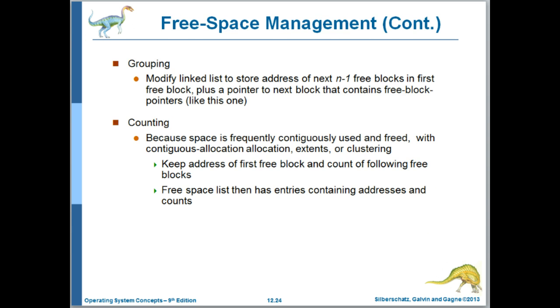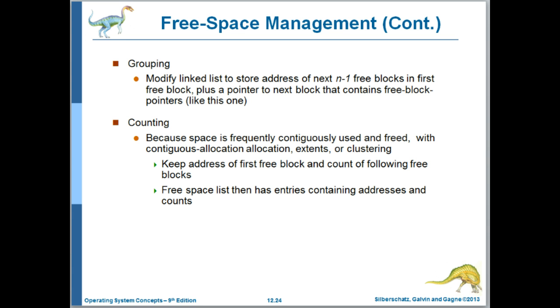So improvements include grouping, which, rather than keeping within each free block a single pointer to the next free block, fills each free block with as many pointers as possible in order to collapse the length of the free block list, and also counting.